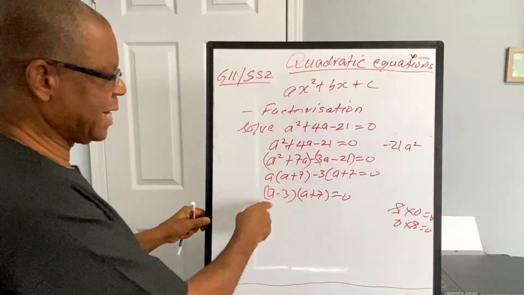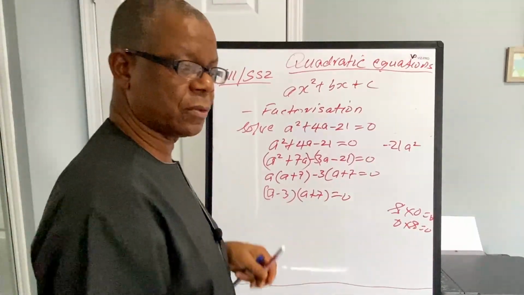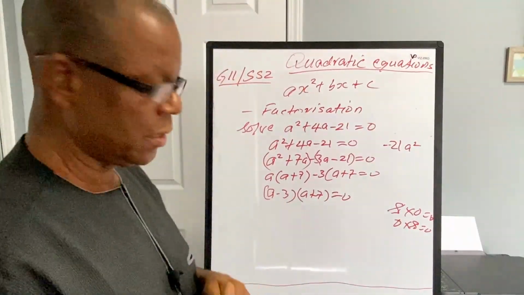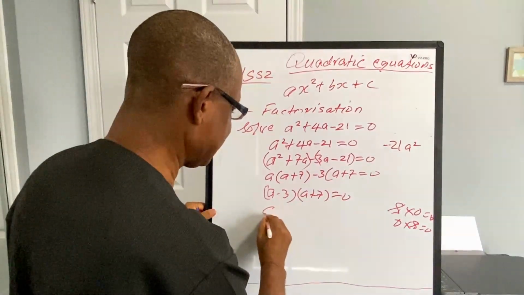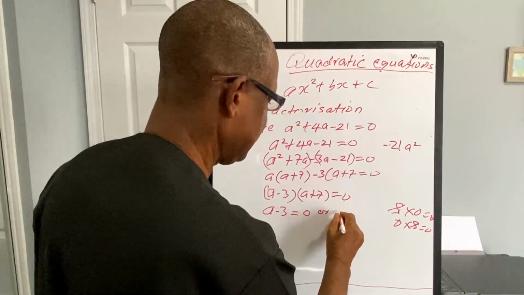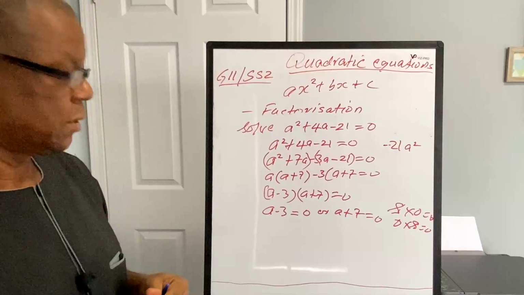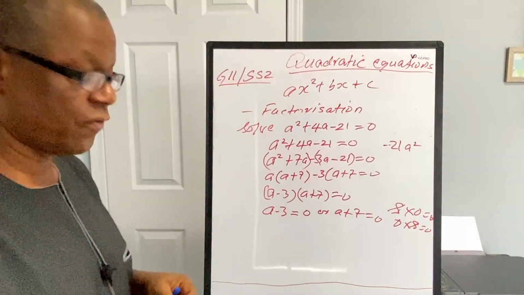So since a minus 3 times a plus 7 is equal to 0, one of these numbers must be 0. And so we now say that either a minus 3 is equal to 0 or a plus 7 is equal to 0. Then we collect like terms and solve ordinarily.